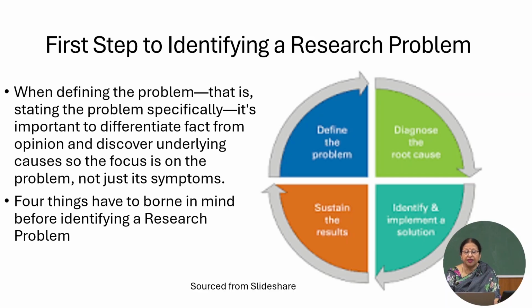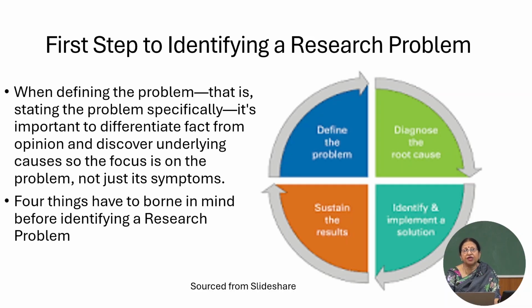How do you define it? There is a figure on the right hand side which shows: define the problem, diagnose the root cause, sustain the results, and identify and implement the solution.